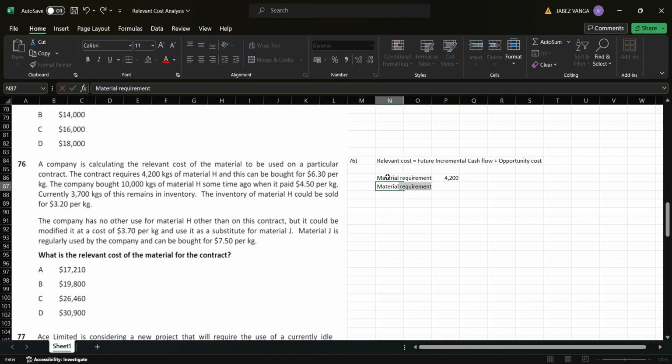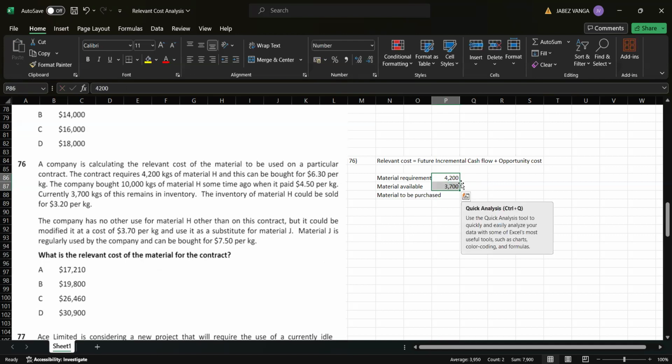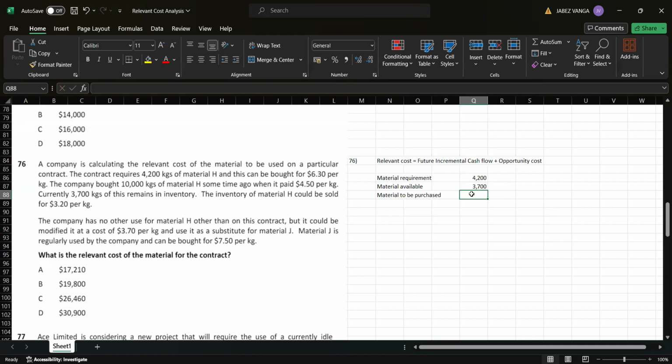Material available is 3,700. Material to be purchased is equal to 4,200 minus 3,700.